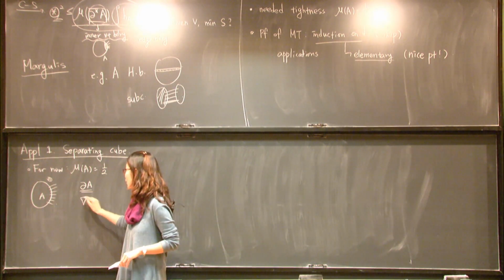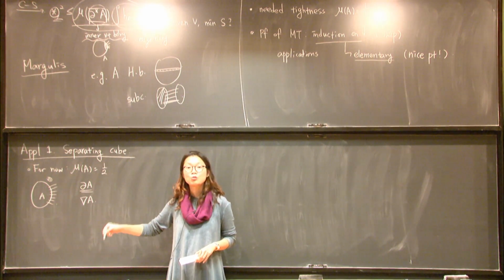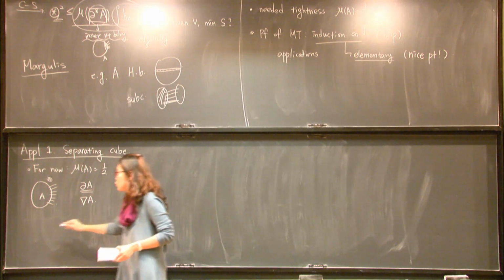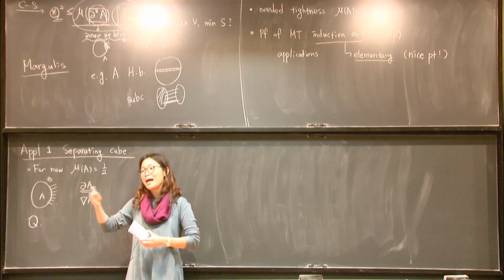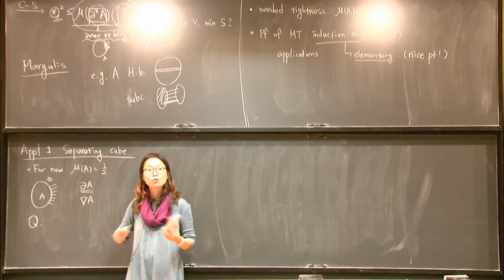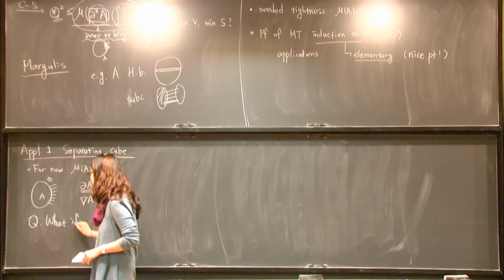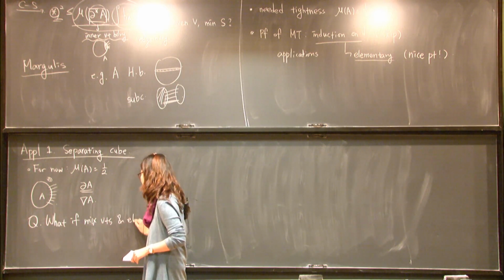And nabla of A is similar. This is a set of edges that we have to remove to isolate A. Then one natural question is, what if we are allowed to mix the edges and the vertices to isolate A? So what if we mix the vertices and edges?